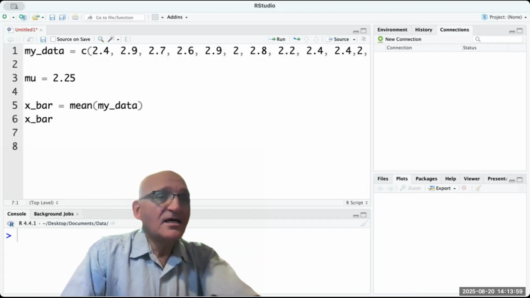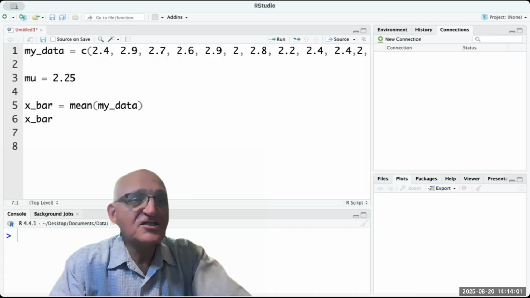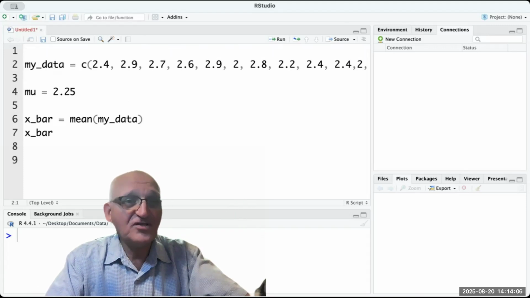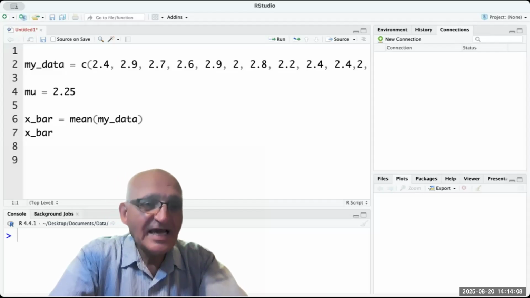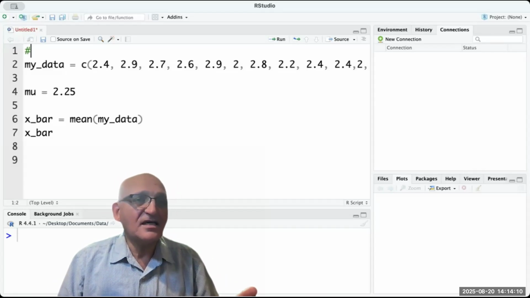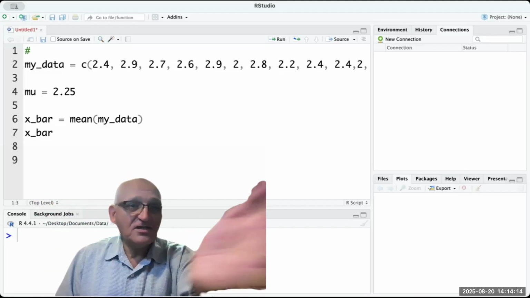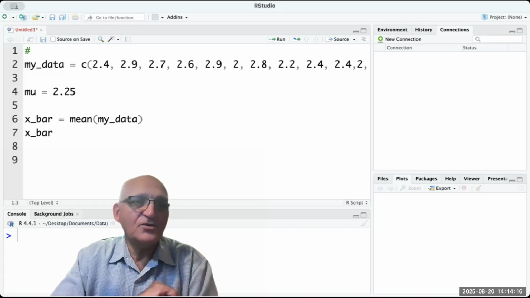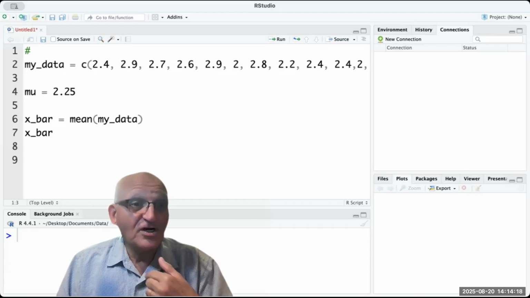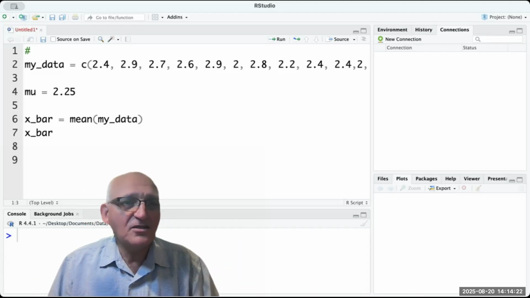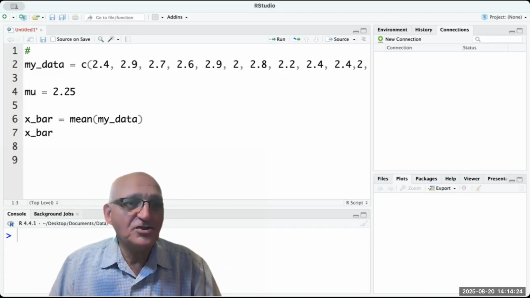Also, it's a good practice to add comments. I don't do that because of waste of time, but I can use a hashtag, and the hashtag is telling the program that everything in green in this line, just forget it. Don't worry about it. Skip it. But for us, it gives information for the reader. If I say mydata equals that, mu equals that, I don't understand what you're doing.